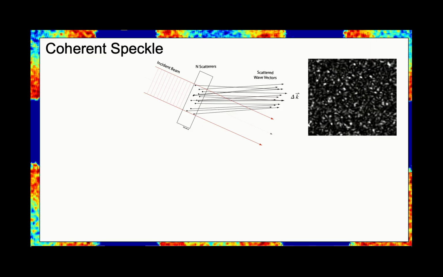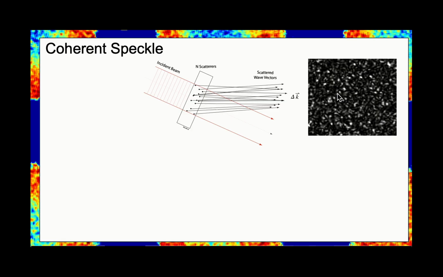All right, since we're talking about living systems, we also have to talk about coherent speckle. One way of thinking about speckle is that you've got a laser beam coming in and hitting a heterogeneous target. There are lots of scatterers and a lot of rays. This is a physical optics, sort of geometric optics way of looking at it, but you have all these scattered rays coming off these particles, and so there's a dispersion in your k, which in the far field turns into this pattern here, which is a speckle pattern.